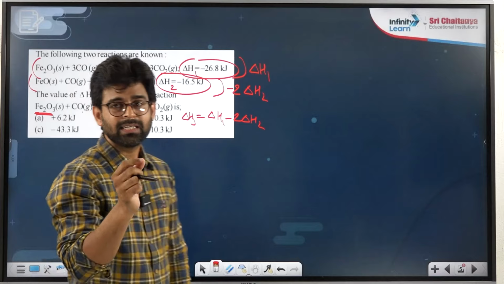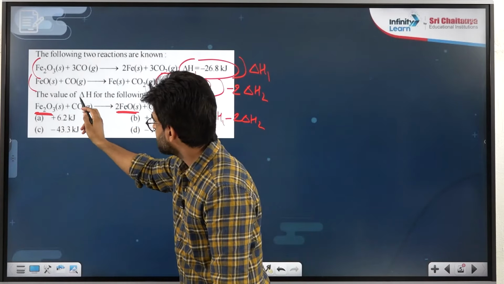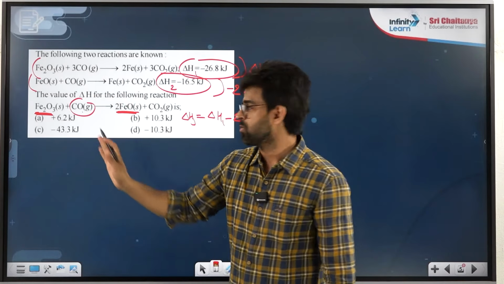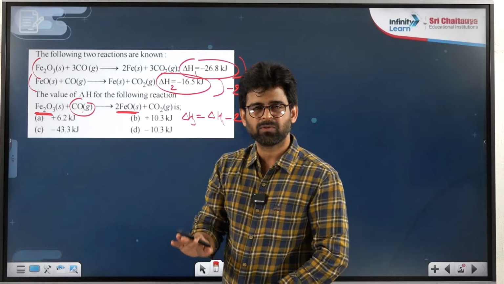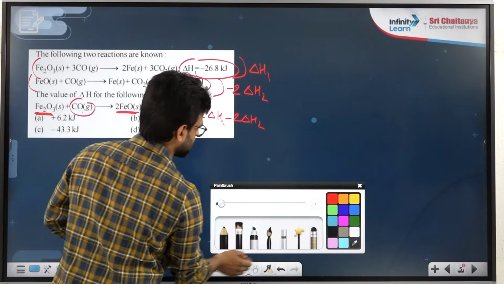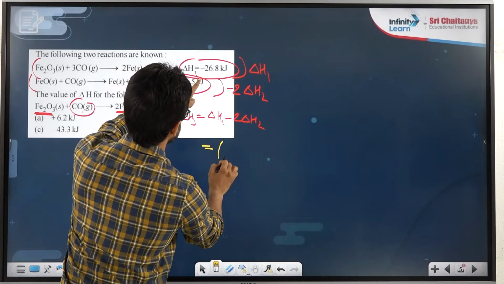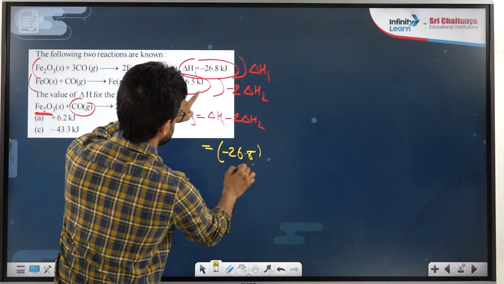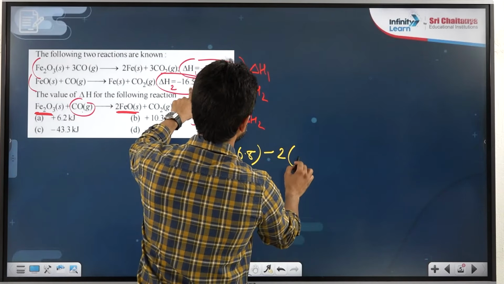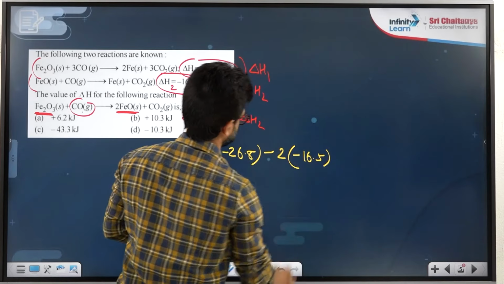So what we are learning here, a new point: I am moving step by step, but if some component is present in both equations or more than one equation, then don't use it. Go to the next point, to save time and make the question easy. So what is the delta H value? Delta H3 is minus 26.8 minus 2 delta H2. What is delta H2 here? Minus 16.5.